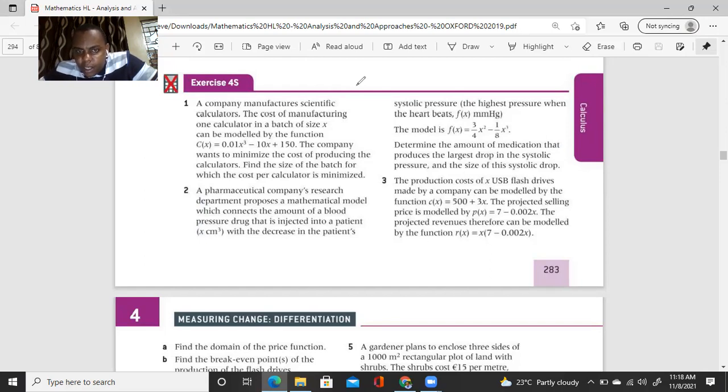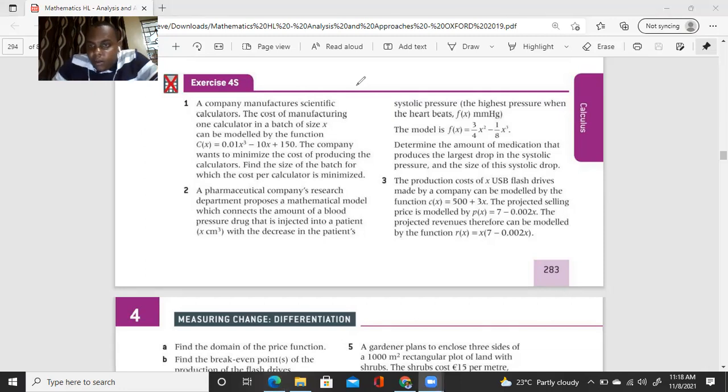The projected selling price is modeled by the function 7 minus 0.002x. The projected revenues is that. So what do we need to find? The domain of the price function.